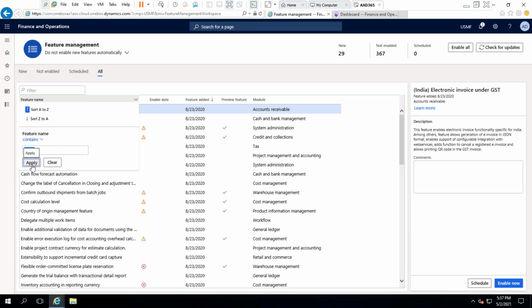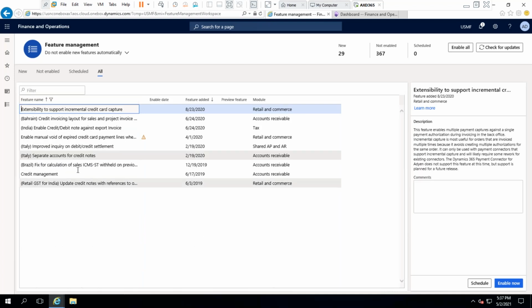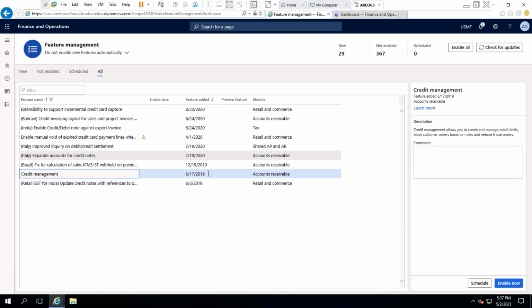Contains. Click OK. So in the demo environment, credit management is by default enabled, this feature, credit management. Okay, you can disable this one. You need to disable this one, for the time being. Clear? This is one option.